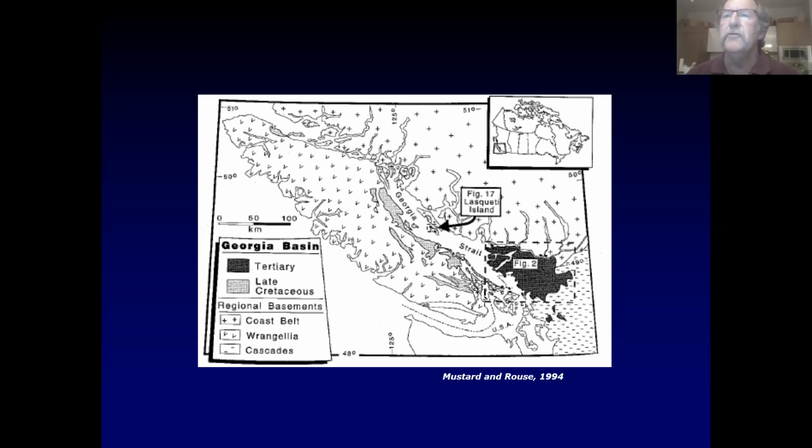And so somehow you've got to transport those spores and pollen grains from their source to the east of Saanich Inlet, and Saanich Inlet is located right down here. You have to get them across what is now the Strait of Georgia and into this fjord on southern Vancouver Island.